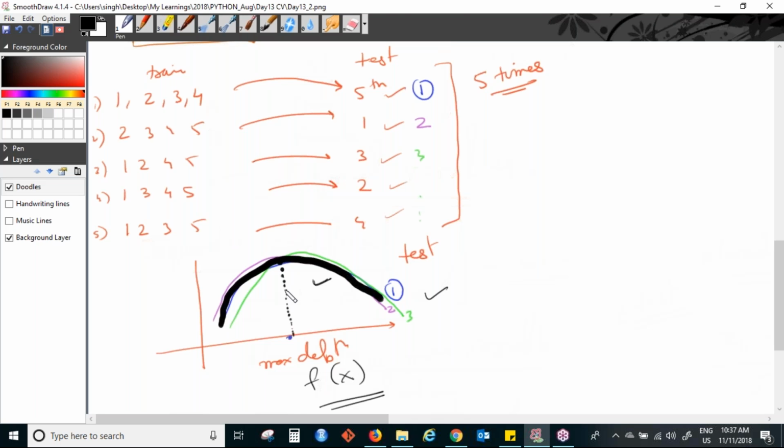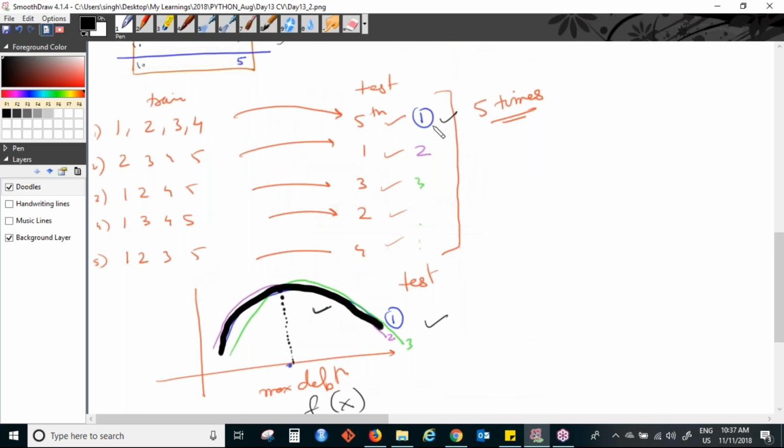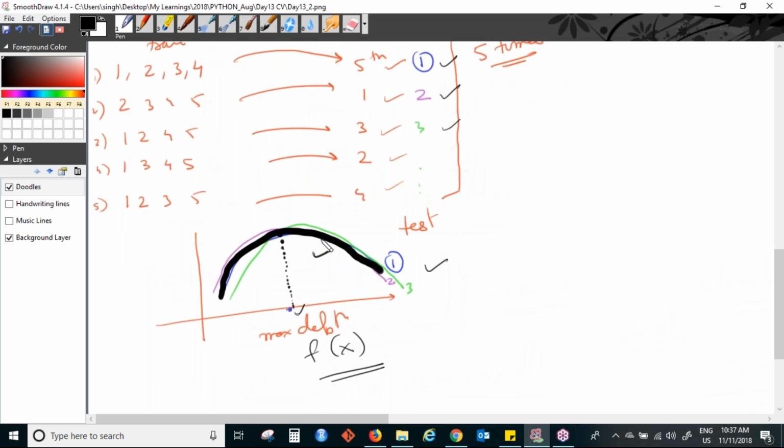Now let's say some value of max depth will be best for this model, some other value of max depth will be best for the second model, and so on. So what max depth will you select? You will select the average, of course. So you will draw an average line like this, and based on that average line, you will identify the best value of max depth, and based on that max depth, you will finalize your model.